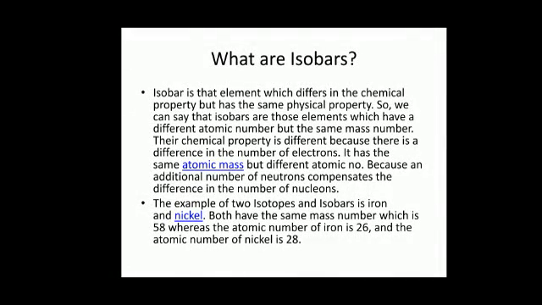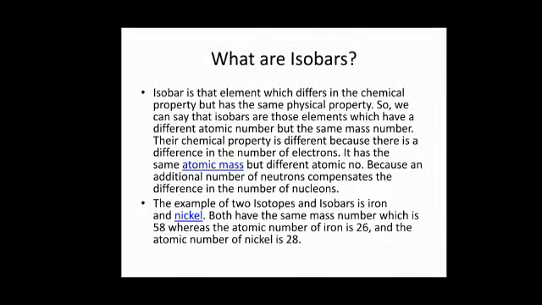Their chemical property is different because there is a difference in the number of electrons. It has the same atomic mass but different atomic number, because an additional number of neutrons compensates the difference in the number of nucleons.